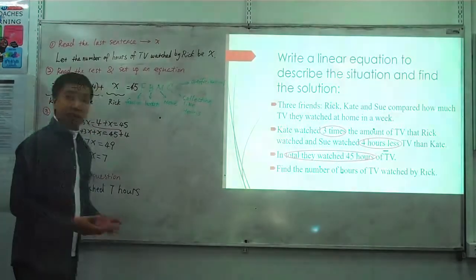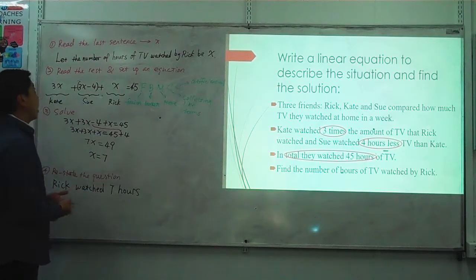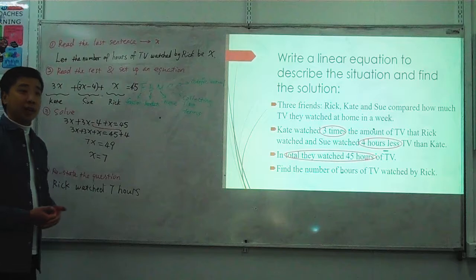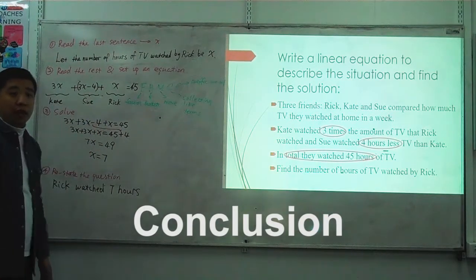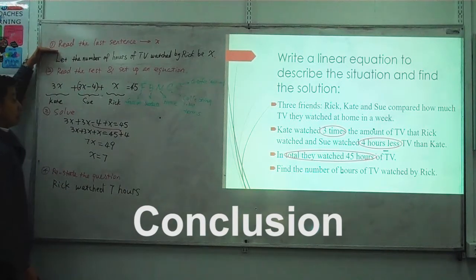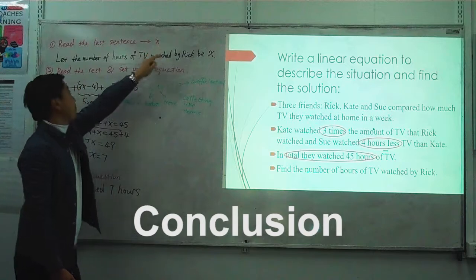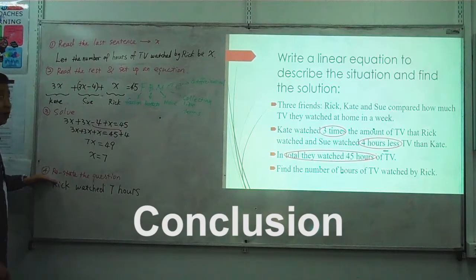Good. Now, finally, before you start doing your practice, I would like to emphasize all the steps. So we have 2 sets of steps. The first step is how to write the linear equations. So you have to read the last sentence and get the x. And then read the rest and set up the equation. Solve the equation and restate the question.